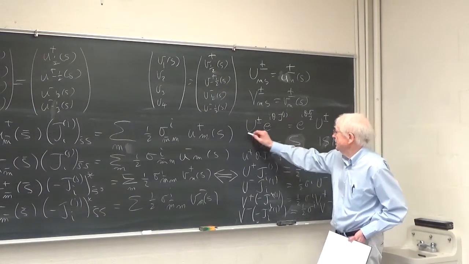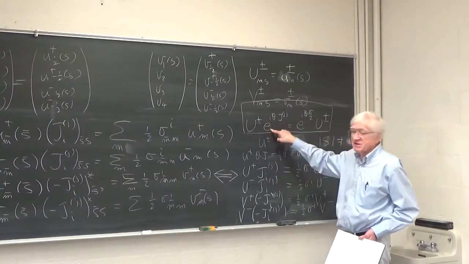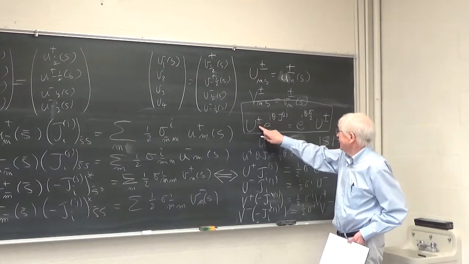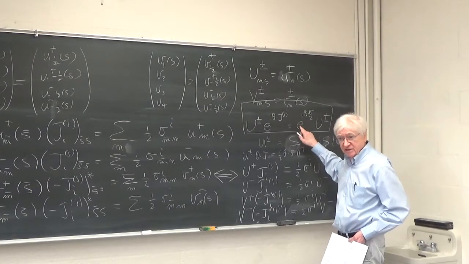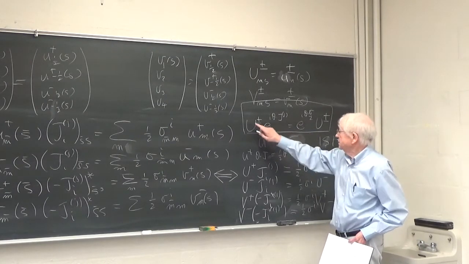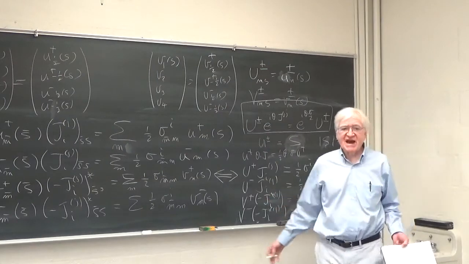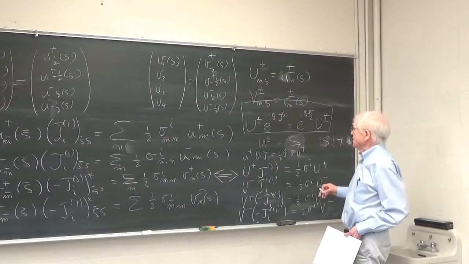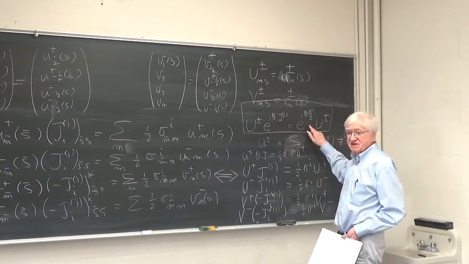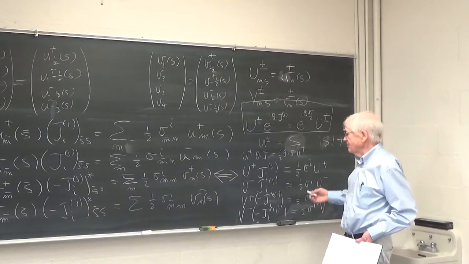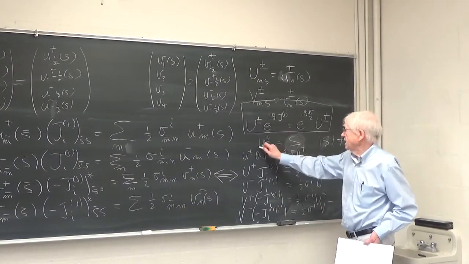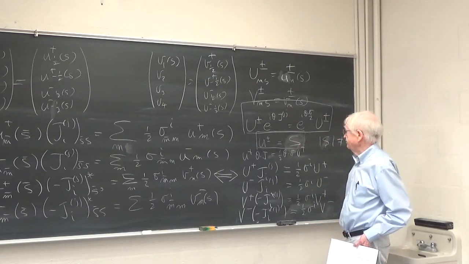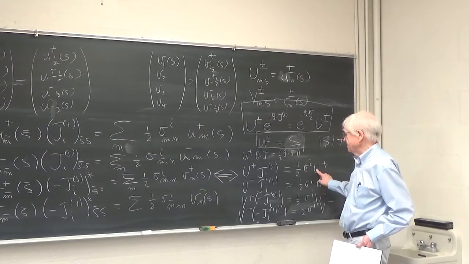You can iterate this, and you eventually get an arbitrary element of the rotation group. And so that tells us either these two are equivalent, or U plus vanishes. Well, if U plus vanishes, there would be no fields at all. And so consequently, these two representations are equivalent, and so they must be related by a non-singular matrix S. That is to say, U plus.